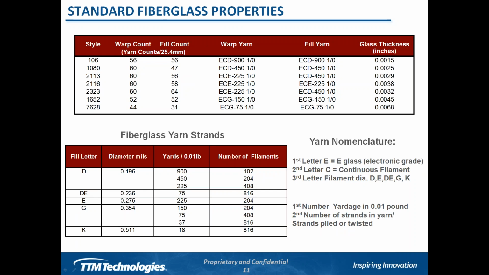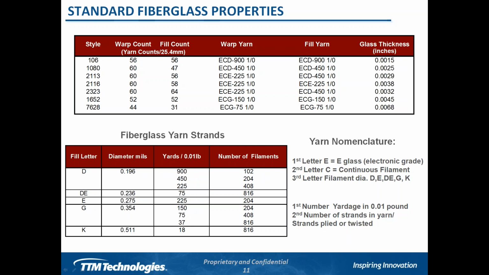So we have different glass styles, and I get asked this quite a lot, what do those numbers mean? Well, here's sort of what they mean in terms of how they translate to how many glass strands in the X and the Y direction, and also how thick the glass is, and also the thickness of the specific weave itself.